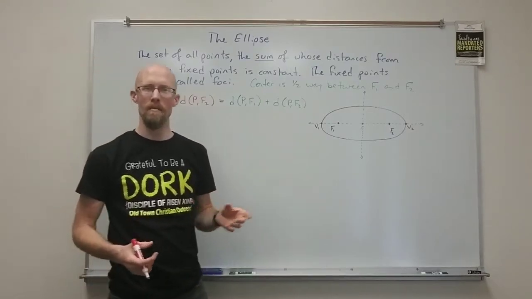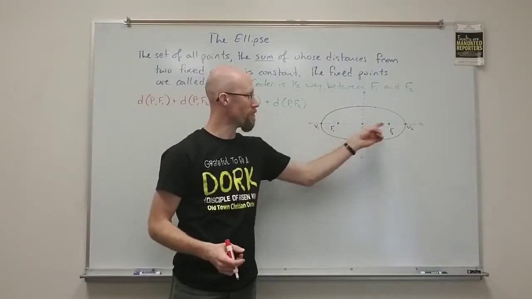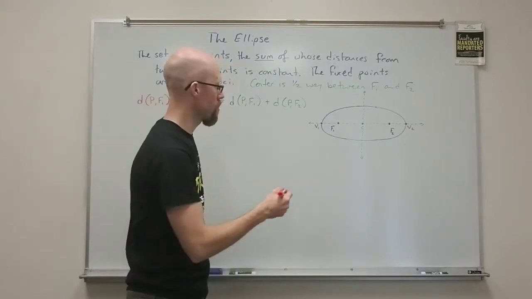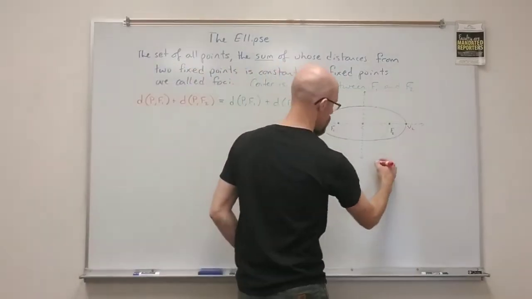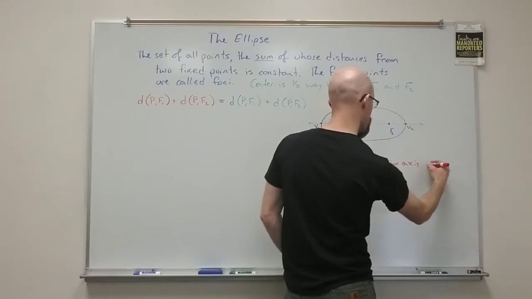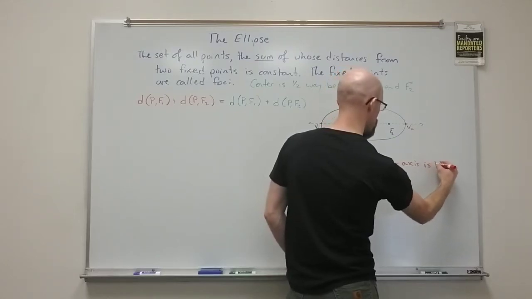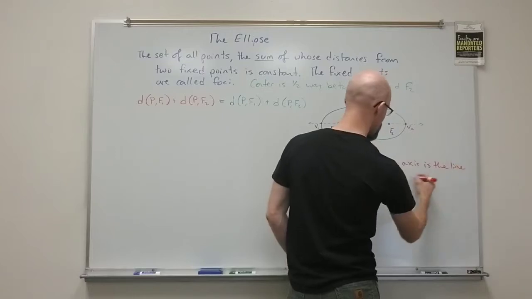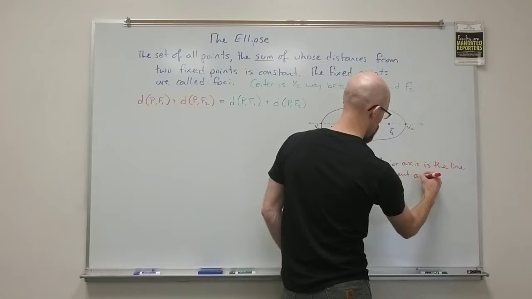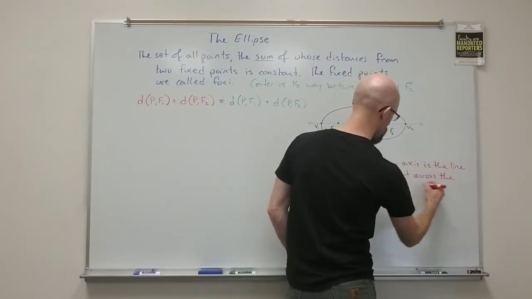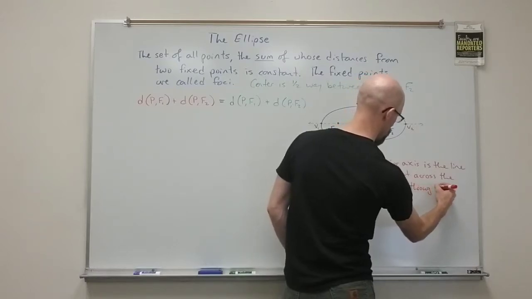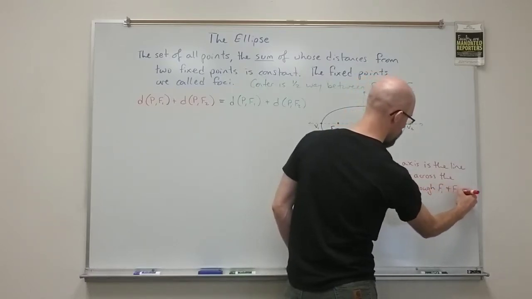The line segment that goes between the foci from one to the other is called the major axis. Okay, so the major axis is the line segment across the ellipse through F1 and F2.